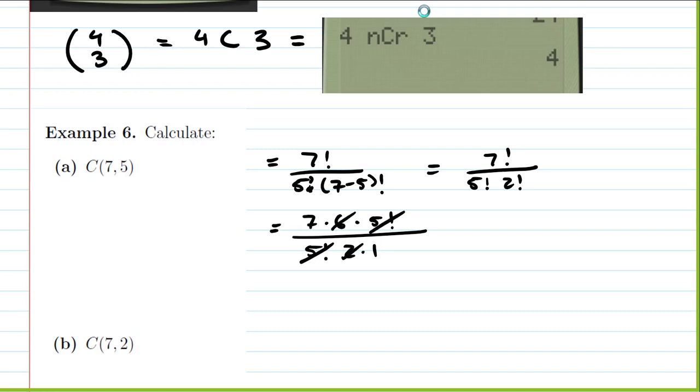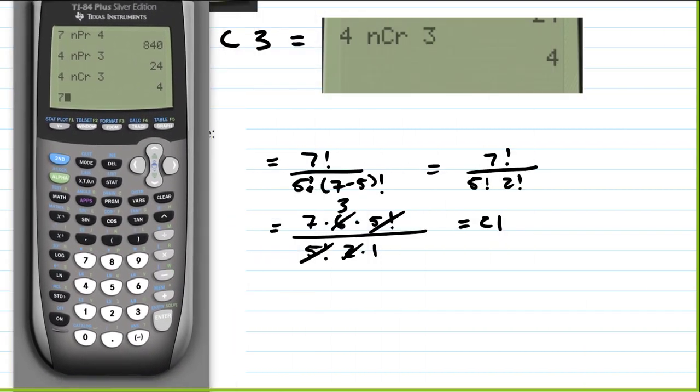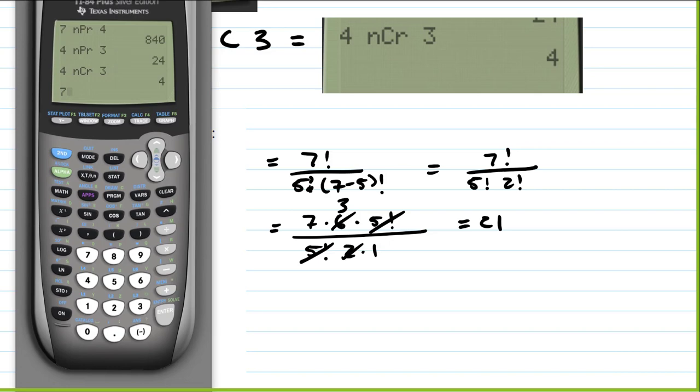The 5 factorials reduce out, 2 goes into 6 three times, and we would get 21. Checking on our calculator, if we did 7 choose 5, we get 21.